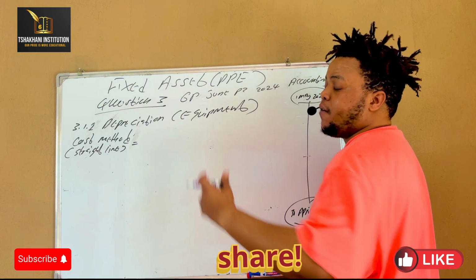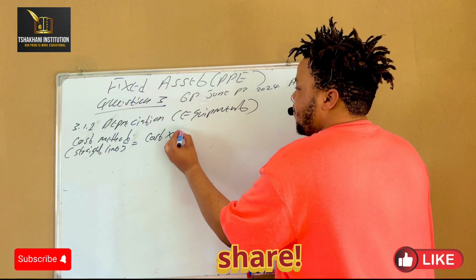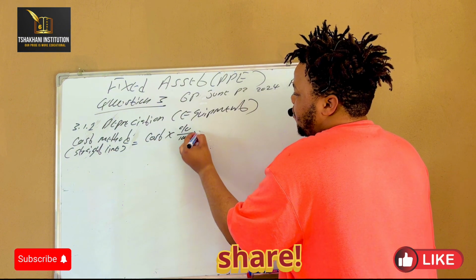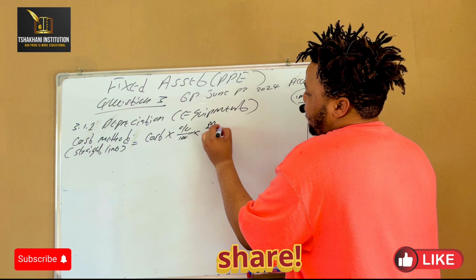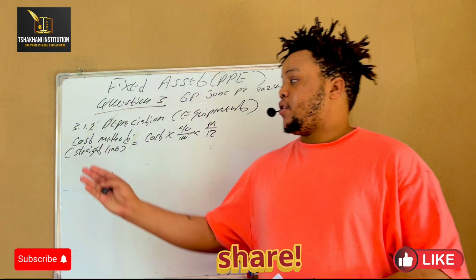So what is the formula for the straight line method? It is cost multiplied by percentage multiplied by m over 12. That is the first step, to find the method.